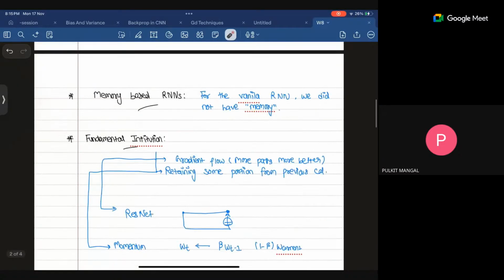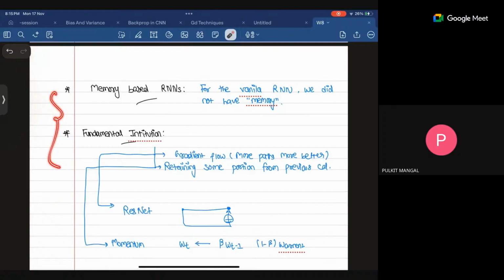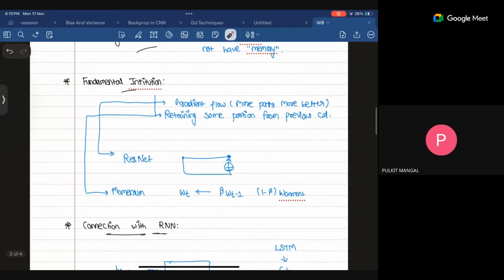Now, it might not be that intuitive in the starting. Its intuition came from two things. One was the ResNet connection and one was momentum. In the ResNet, if you remember, for the vanishing gradient problem, we had our starting point from where we go in the forward direction for the neural network, and after doing some linear combination, we again add our input to that point.